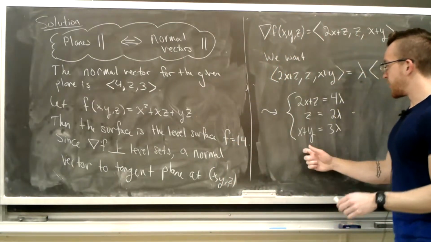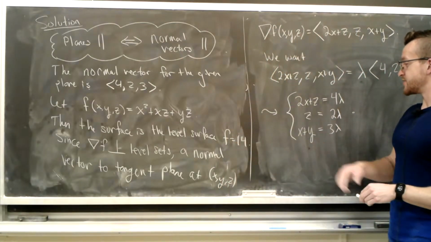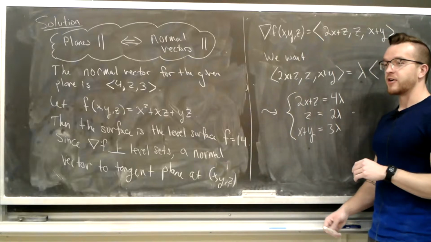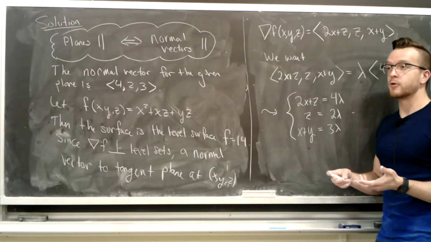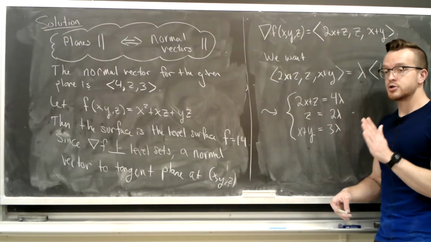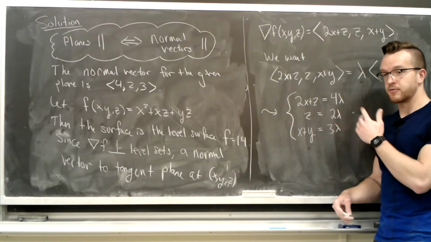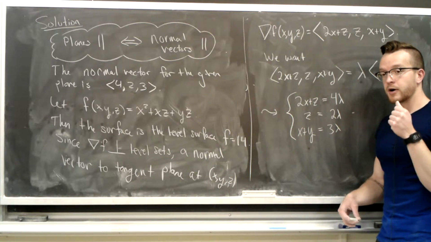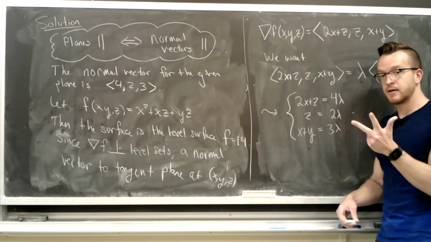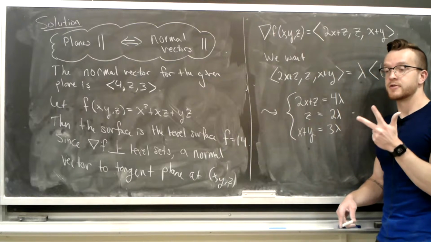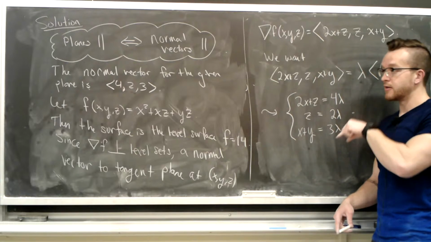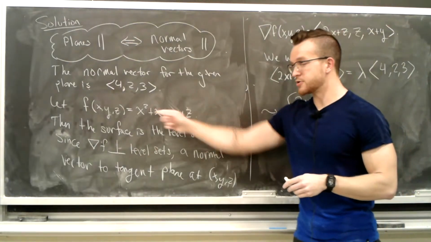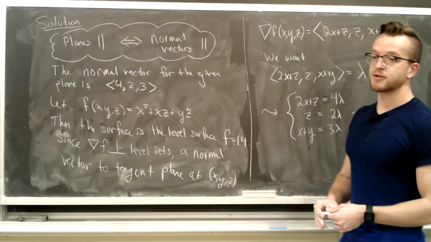Okay, so here we are. We have an algebraic system of equations that I want to solve. Kind of like on the midterm, in general, this could be a little tricky. It might be very straightforward. Usually a good general strategy for these kinds of things is to solve for x, y, and z in terms of the scalar, and then plug that back into the original equation for the surface. That's a good general strategy.